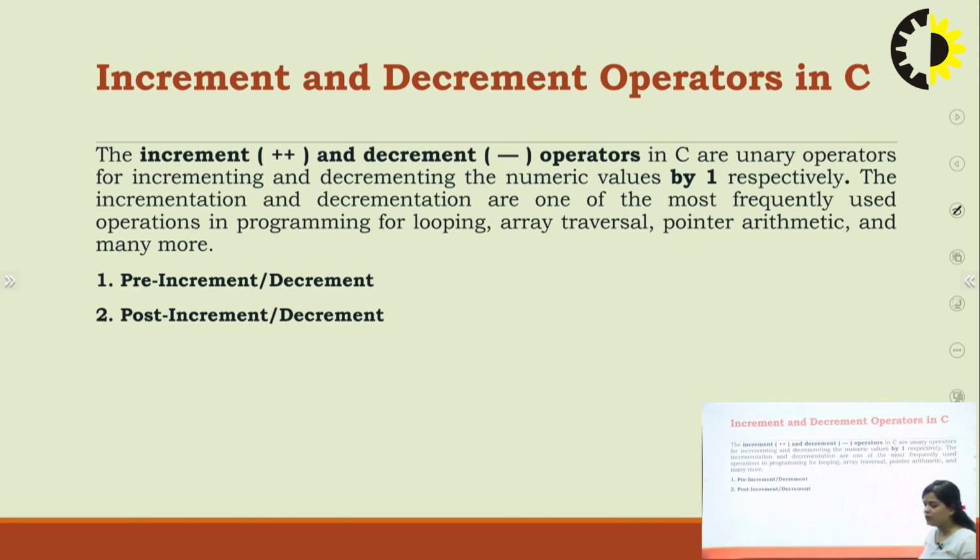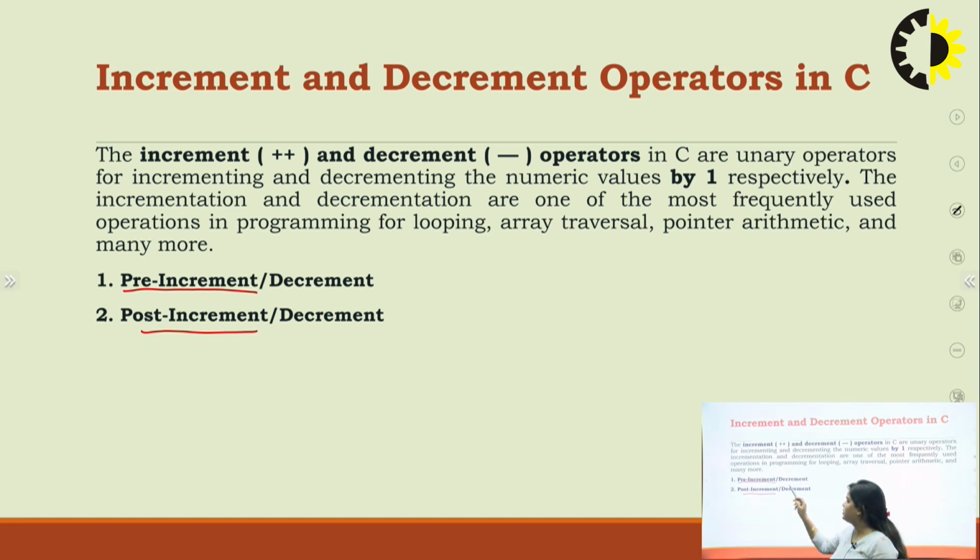Okay. Now the most important, a very important topic, which is known as the increment and decrement operator in C. We have two types of operator in increment: pre-increment and post-increment.